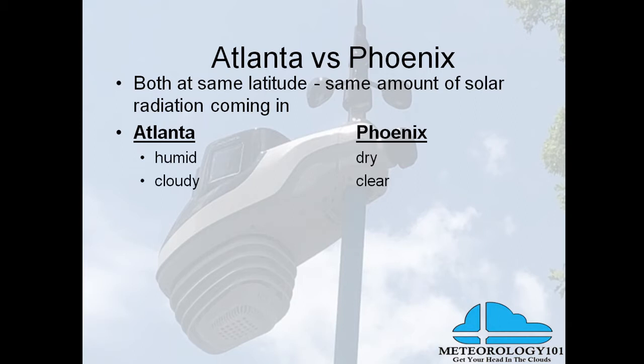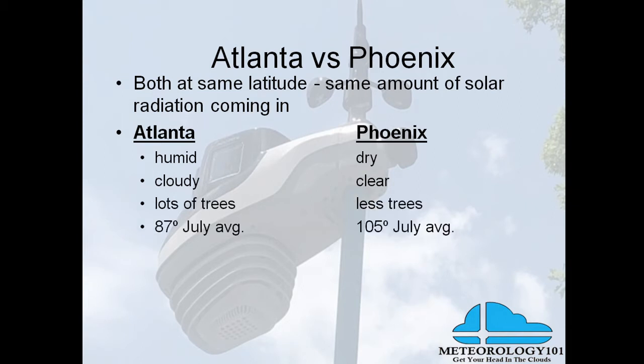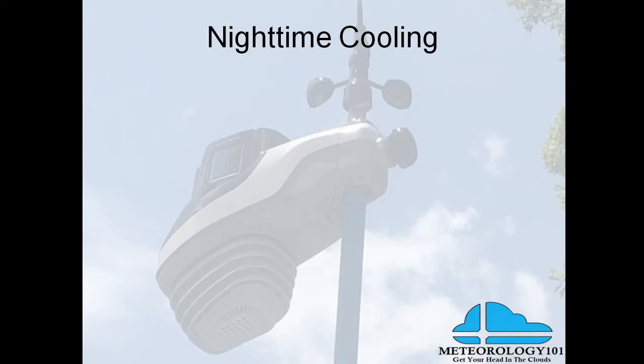Atlanta is cloudy, Phoenix is clear, with lots of trees in Atlanta and fewer in Phoenix, so you have a high temperature of 87 degrees in July on average, and in Phoenix you have an average temperature of 105. So just based on the surface and the environment, you can see the differences in max temperatures just based on incoming and outgoing solar radiation.